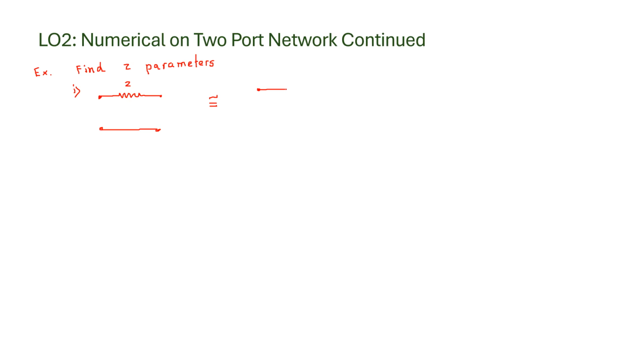So this is the Z value, and I will add one impedance over here and one impedance over here. I will call them admittance y1 and admittance y3. In the previous network, we had taken y1, y2, y3.